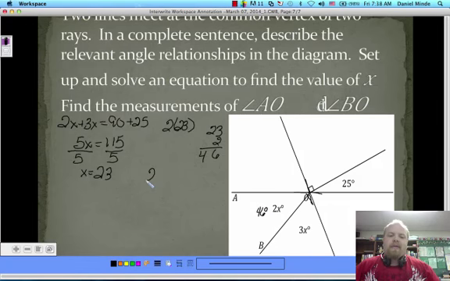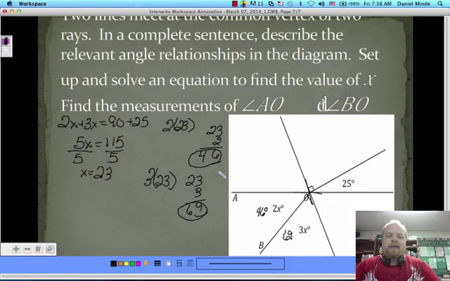And then I have 3 times 23, that's 9 and that's 6. So this is 69. When I add those two together, they equal 115 degrees. So here's one angle, and here's the other angle.